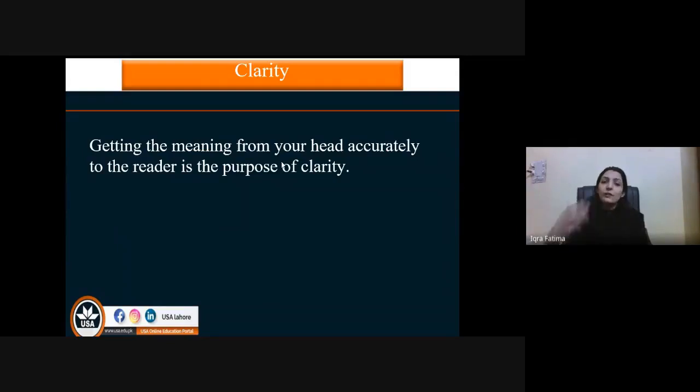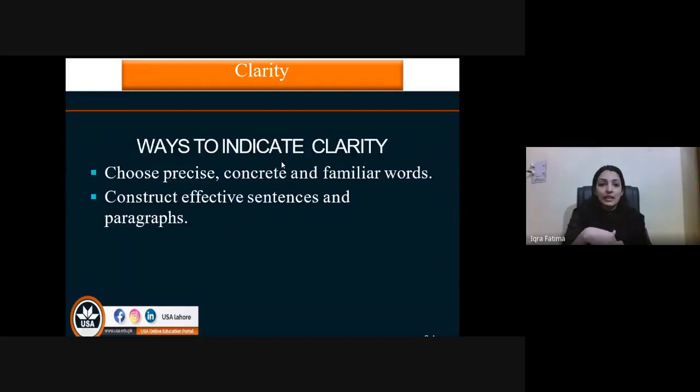But there are different ways to add clarity in your message. You can choose precise words, concrete words, and familiar words. Precise means shorter or fewer words to communicate your message, and concrete words are more visualizable, so they can visualize by reading your message.